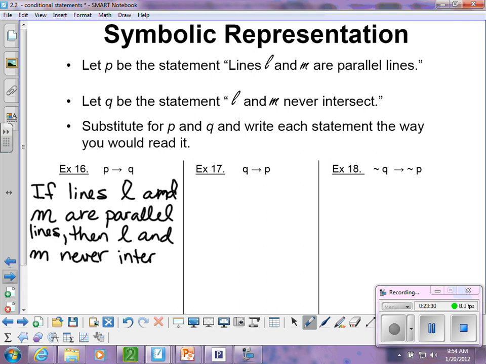You think that's true? Yep. So all I did to change those was put them together and put my if and then in there, right?